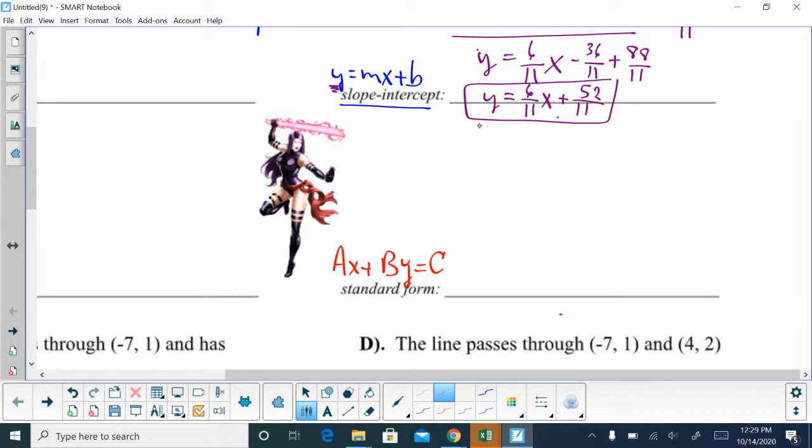What can I multiply this equation by to get rid of these fractions? Well, I hope you said 11. So I need to multiply all of this by 11. And then I have to put it in standard form. So 11y, and then 11 times 6 is 66.